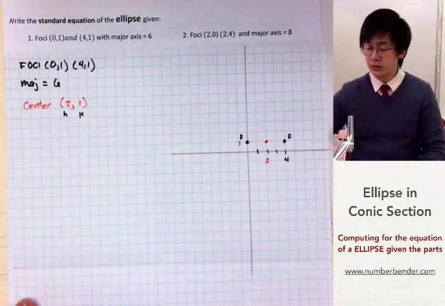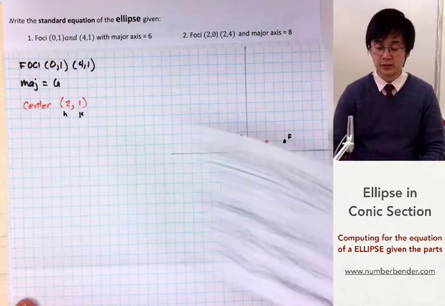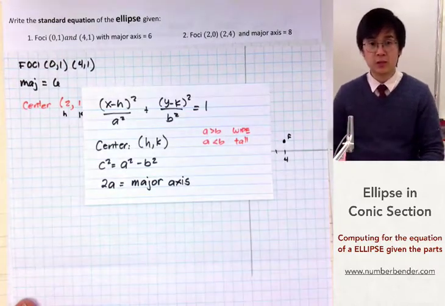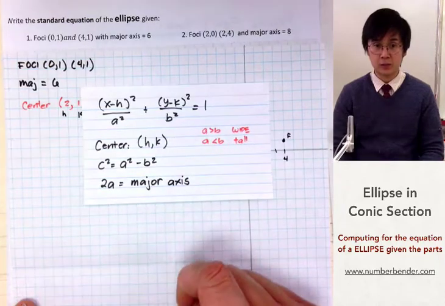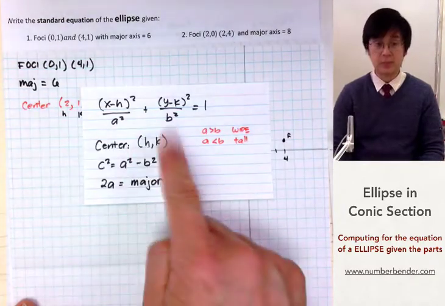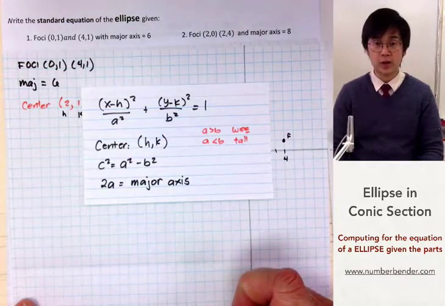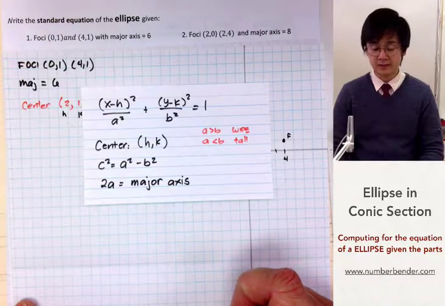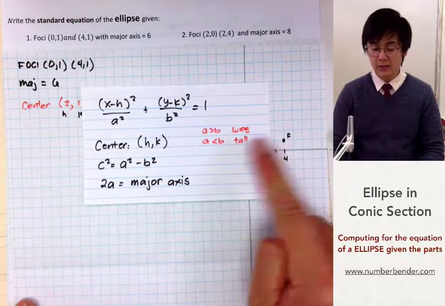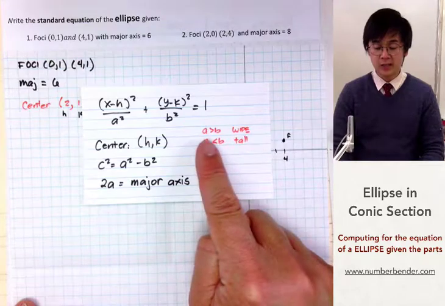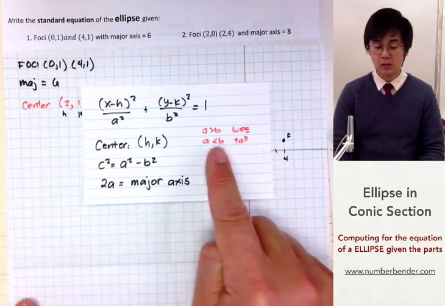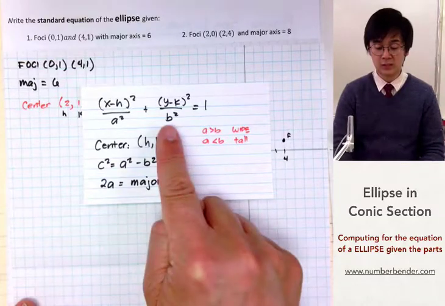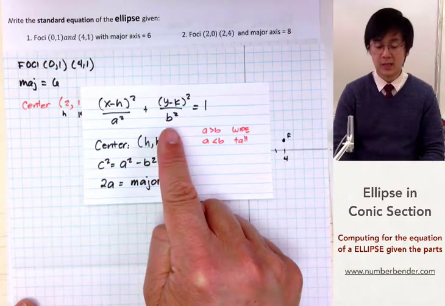Now, to summarize the formulas that we're going to be using today, the formula for the ellipse is given by this formula, where the a squared and the b squared will change according to how the ellipse is graphed. If we have a wide ellipse, our a will be bigger, and if we have a tall ellipse, our b value, which is with y, will be bigger.